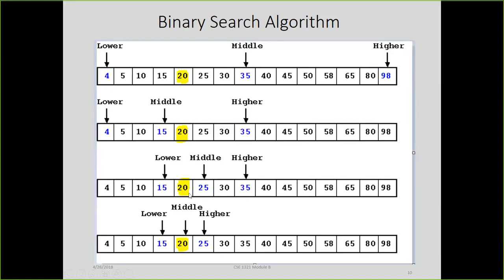So 3 plus 7 equals 10, divided by 2 equals 5. The middle index will be the 5th position. We find the value at the middle position, which is 20, and we get a match: 20 equals 20. So the element is found.